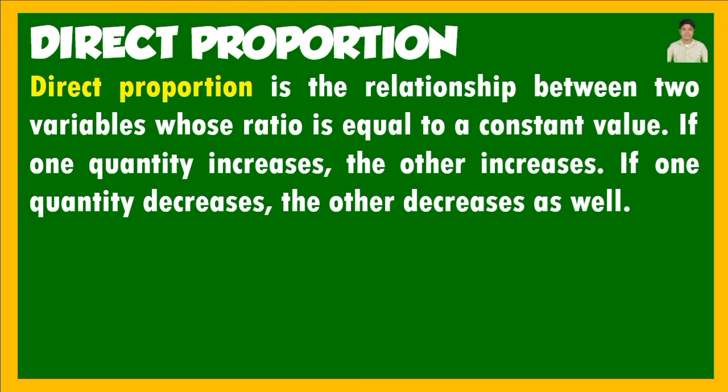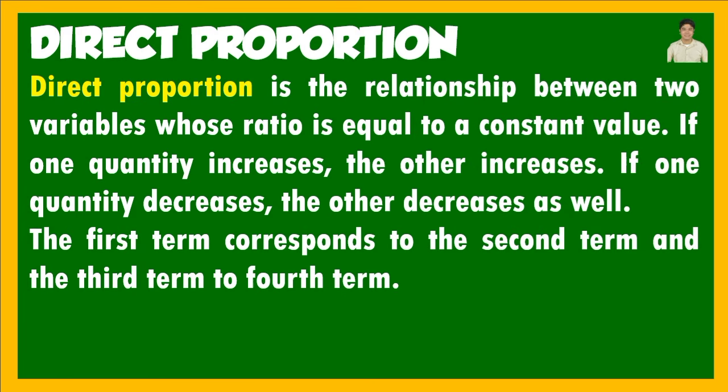And then, tatandaan natin kapag direct proportion, if one quantity increases, the other increases. Kapag tumaas yung isa, tataas din po yung value ng isa. Kapag bumaba yung value ng isa, bababa din po yung isa. And then, of course, the first term corresponds to the second term, and the third term to the fourth term.